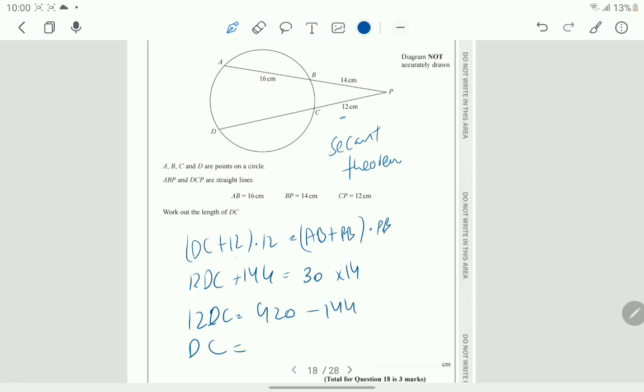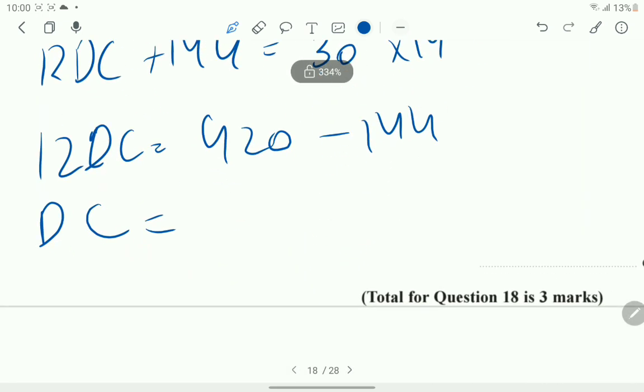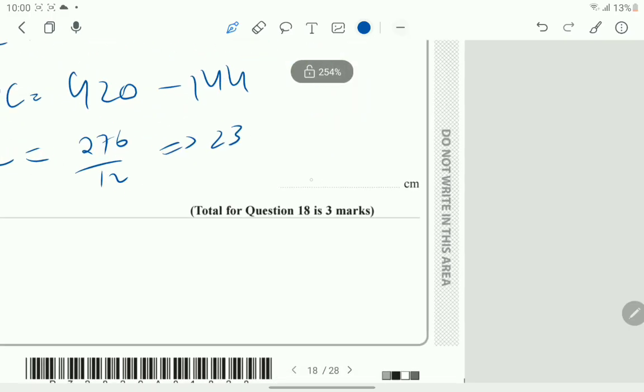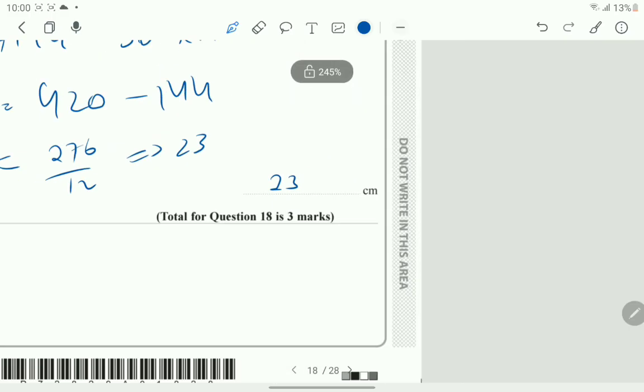DC equals 276 over 12, and DC is 23. This is your final answer.